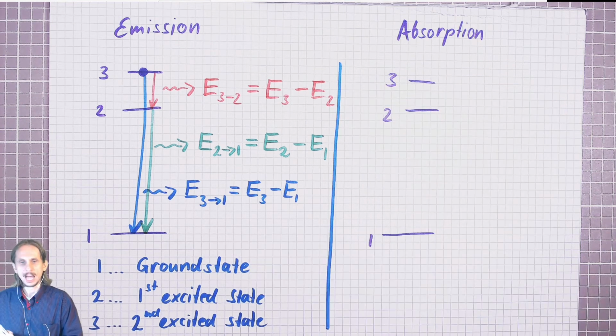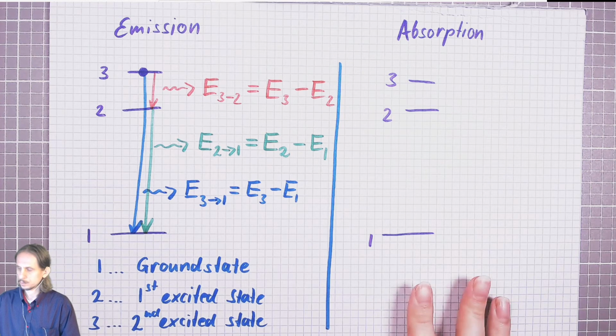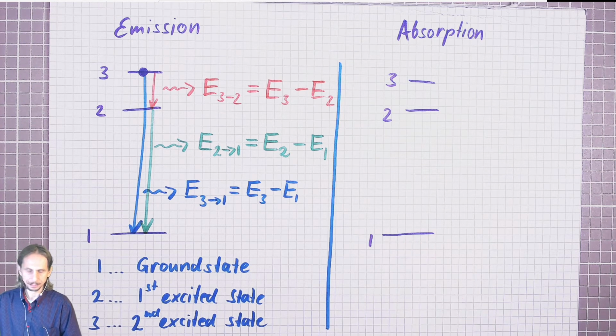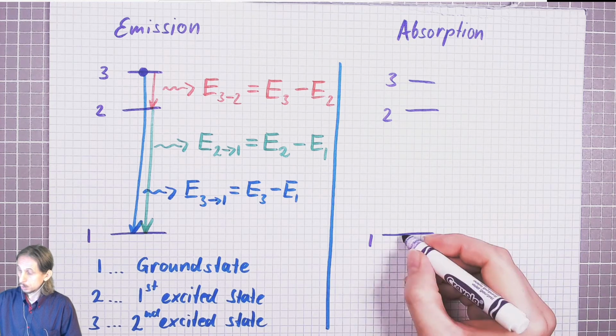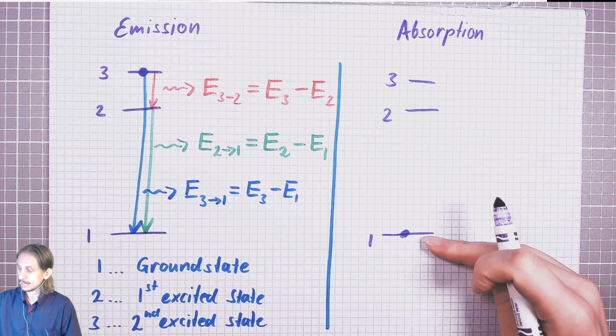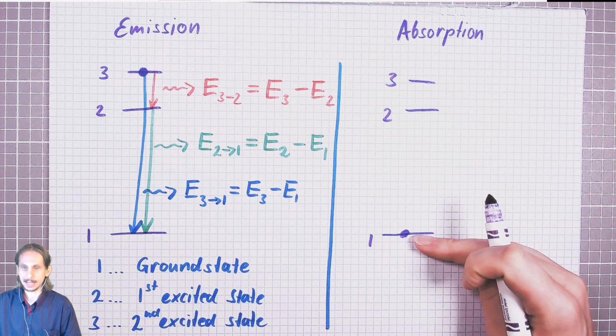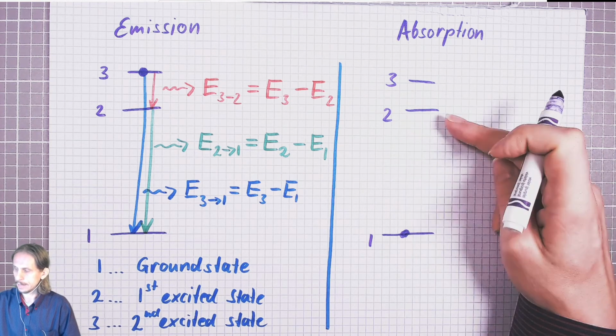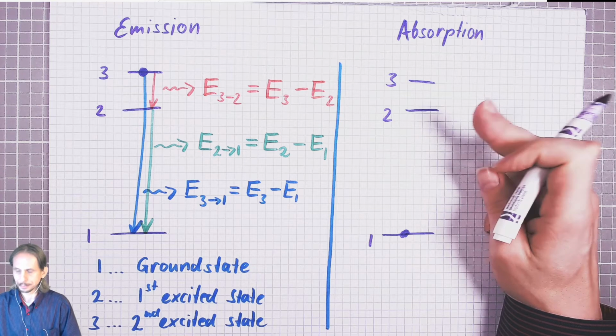Initially, a cold and unexcited atom would be in its ground state. If the atom would be very hot, it could be that some atoms inside the gas are in the ground state, some atoms are in the first excited state.